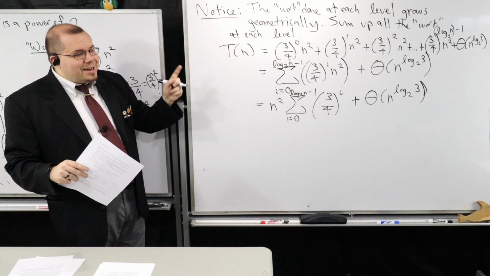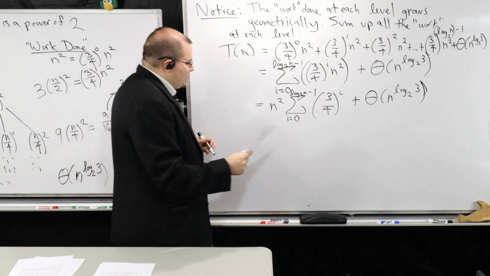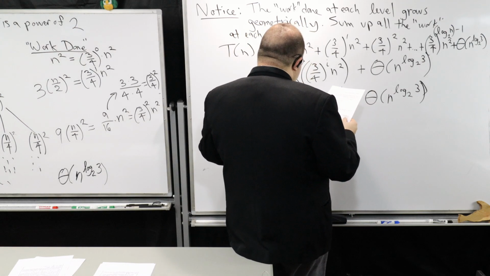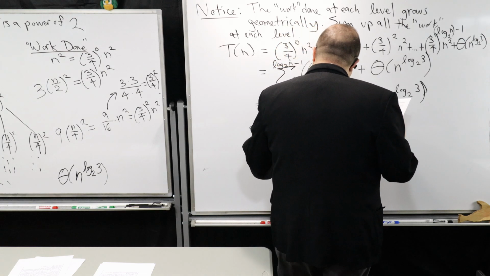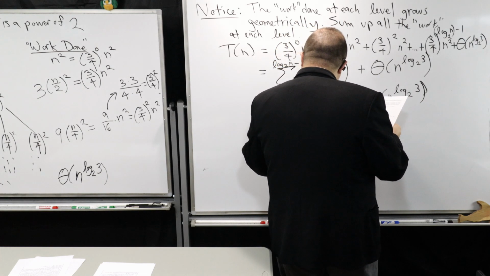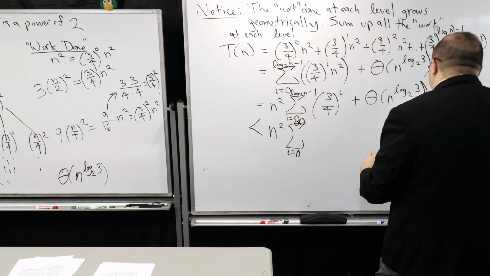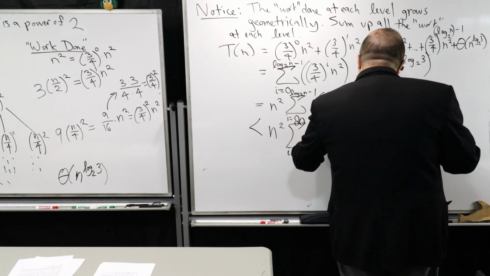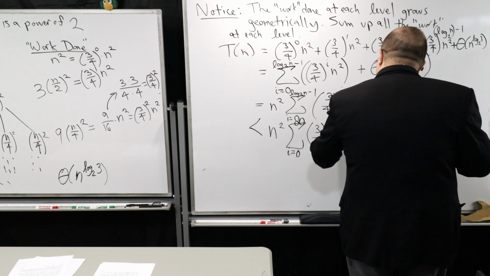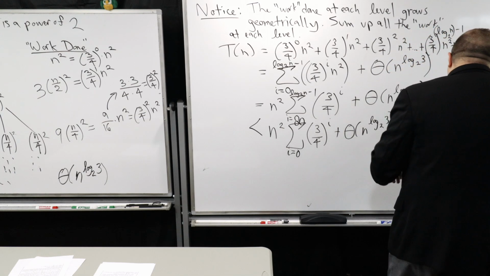So I'm going to instead use the infinite geometric series closed form, bounding it from above like this. I'll do the sum from i equal to 0 to infinity of 3/4 to the i, plus big theta n to the log base 2 of 3.